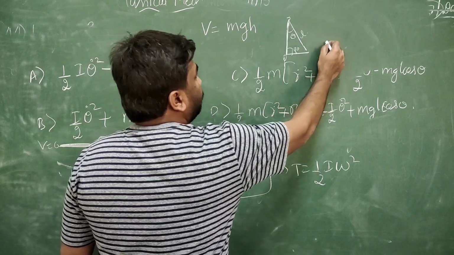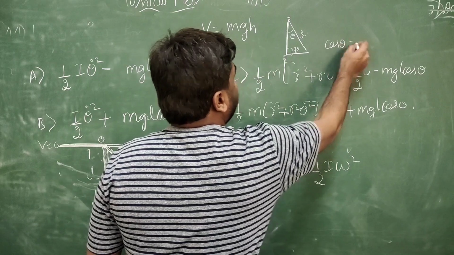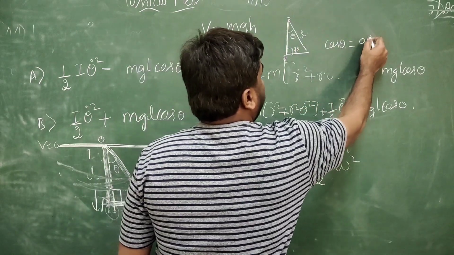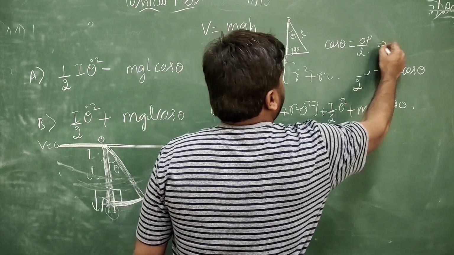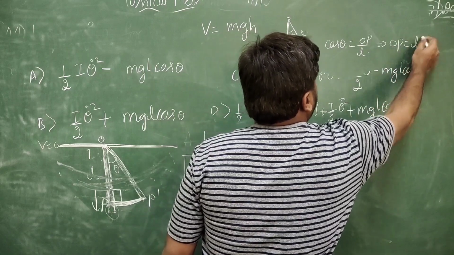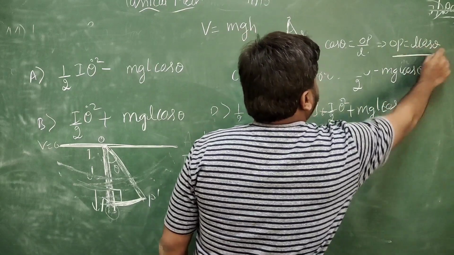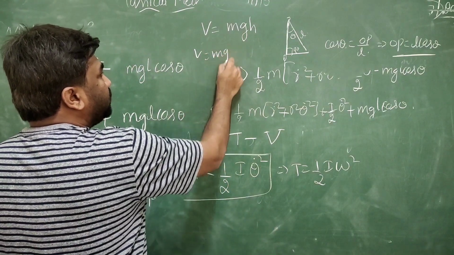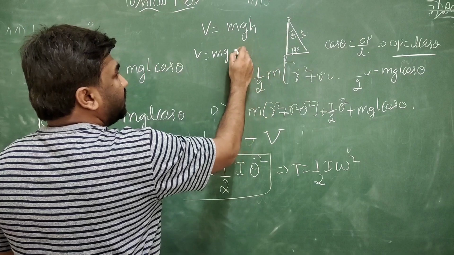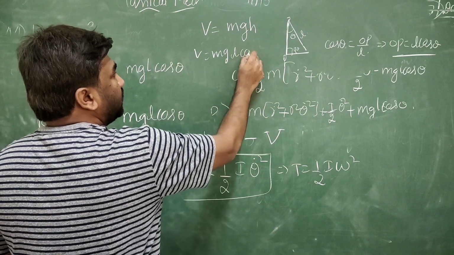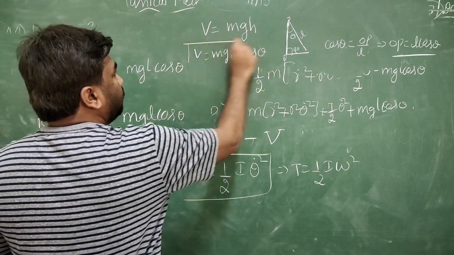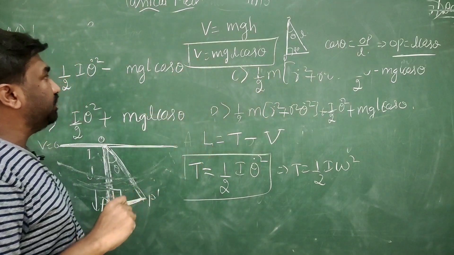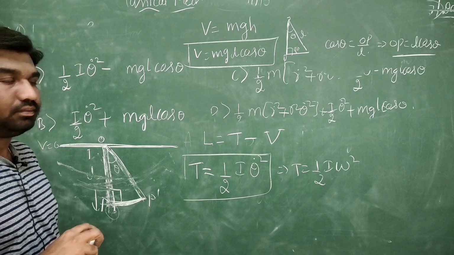We know that cos theta is equal to adjacent OP by L. So therefore OP is equal to L cos theta. So V is equal to mg L cos theta.